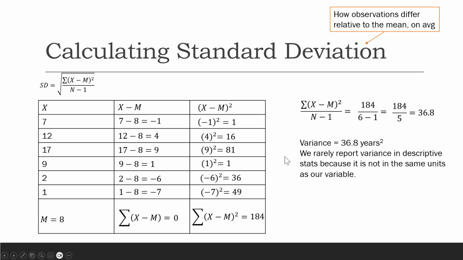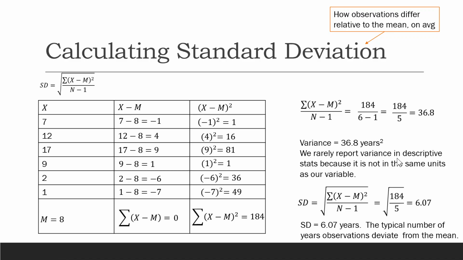This is why we rarely report variance in descriptive statistics. It's because they're not in the same units as the original variable. They're in squared units, right? And so in order to get it in the same units as our original variable, years of experience, we take the square root, and hence we get the standard deviation. So that's the square root of that 184 over 5, which if I round that to 2 decimal places, I get 6.07.